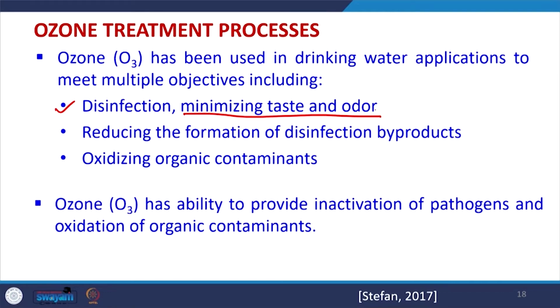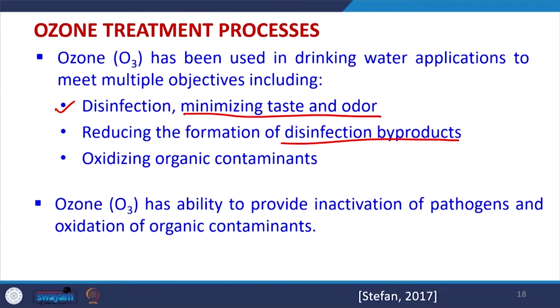If any water contains odor or pathogens, it will be able to destroy all those things present in the water. It will reduce the formation of disinfection byproducts, thus oxidizing. In addition, it will oxidize the organic compounds present in the water.